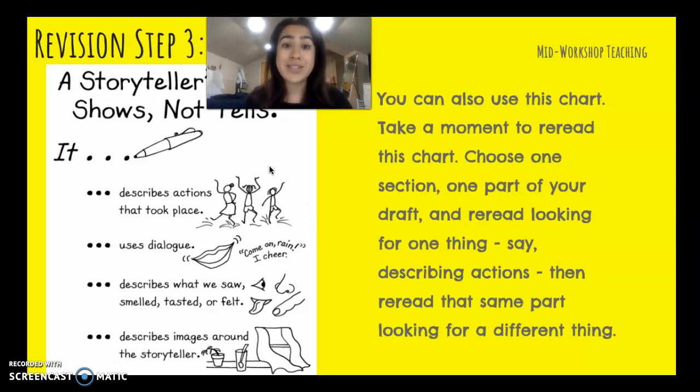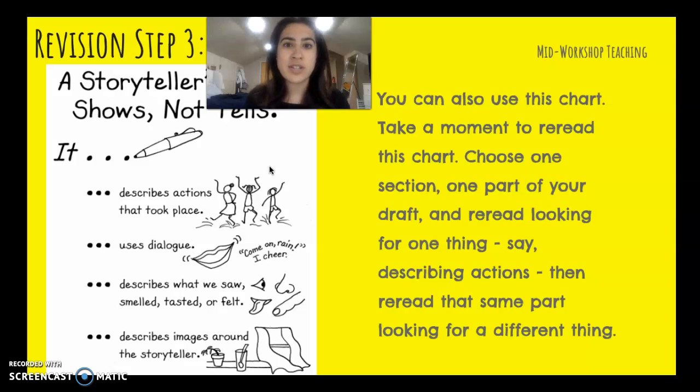And you can use this chart to take a moment and revise parts of your writing. So when you're watching this video with me giving you all these tips, you can always just look at it, step one, pause it, get into your writing and do that work, and then go back to the video again and watch the next example and go back into your writing.